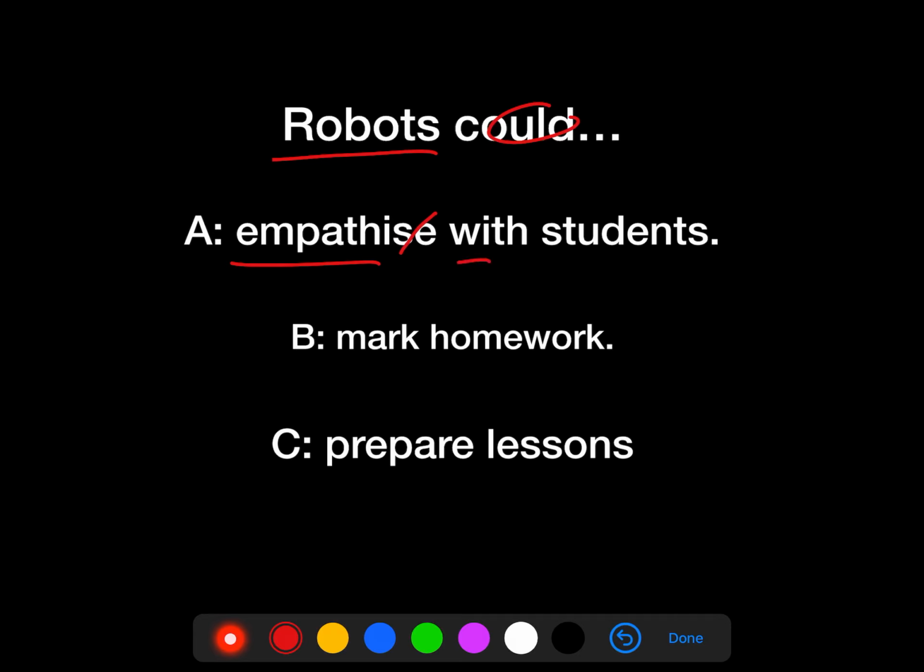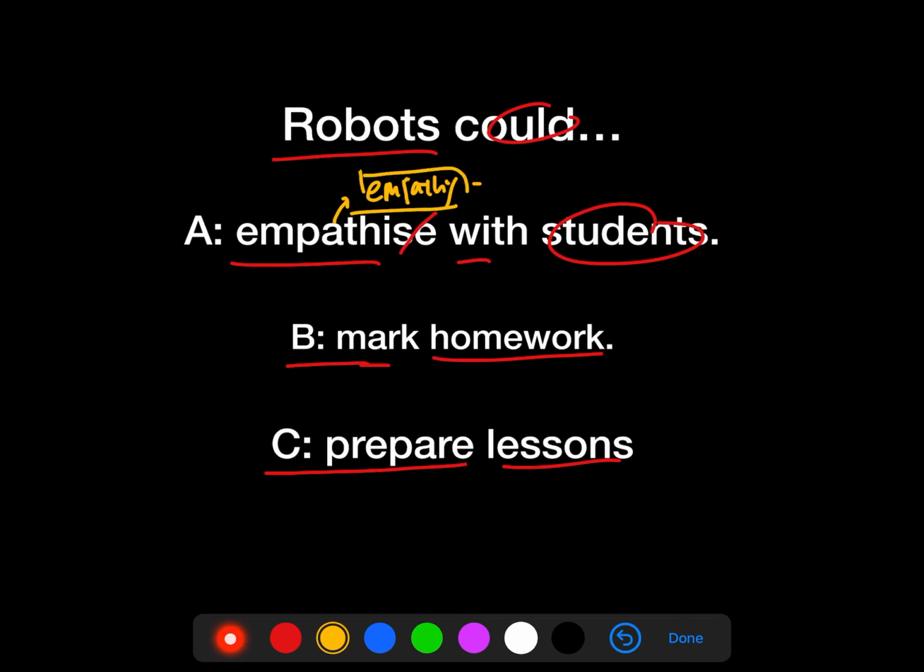A, robots could empathize with students. B, mark homework. C, prepare lessons. So let's have a look at A. Empathize is the verb form of empathy. Do you remember what empathy means? Yes, understanding others' emotions.